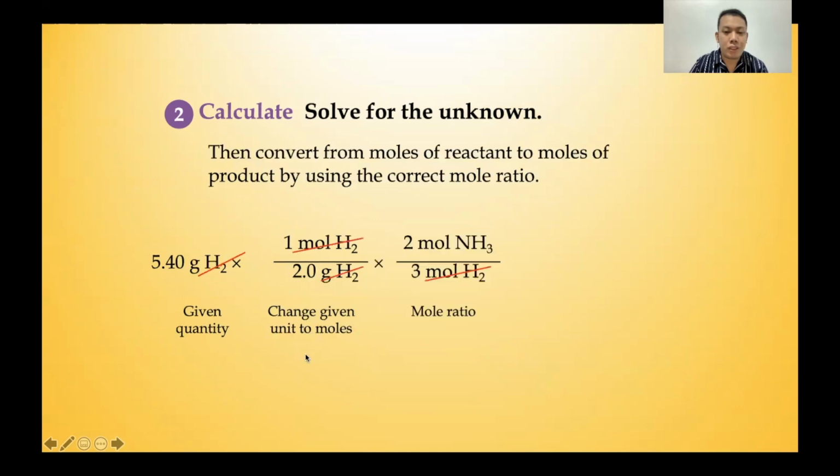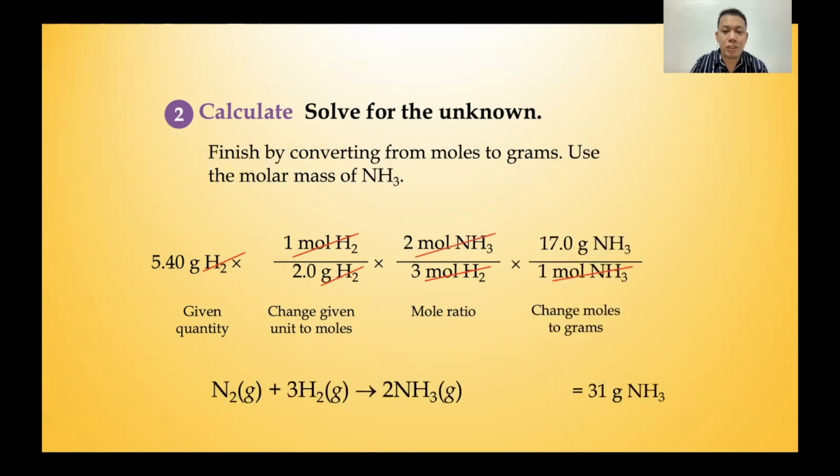And then you use the molar ratio of ammonia and hydrogen, which is 2 is to 3, based on the chemical equation presented a while ago.